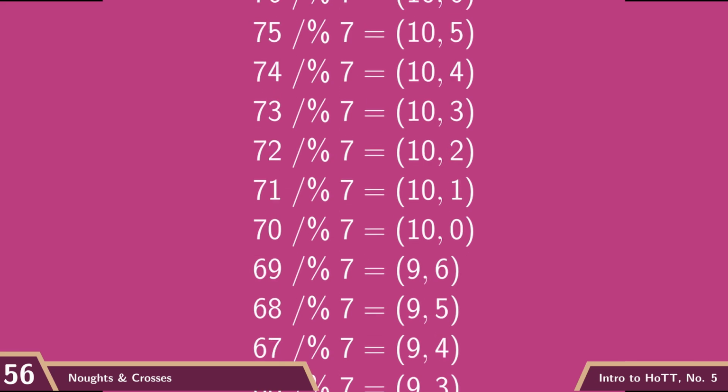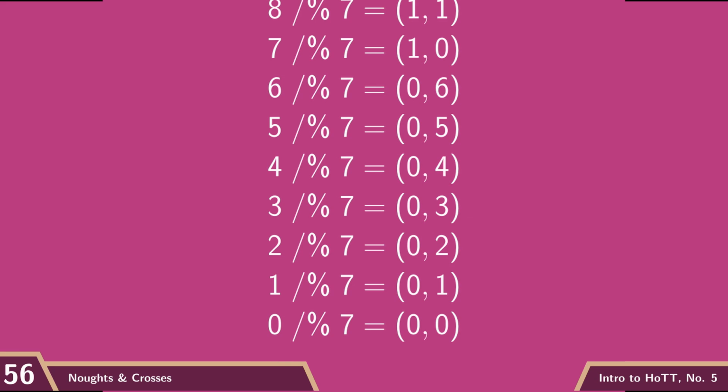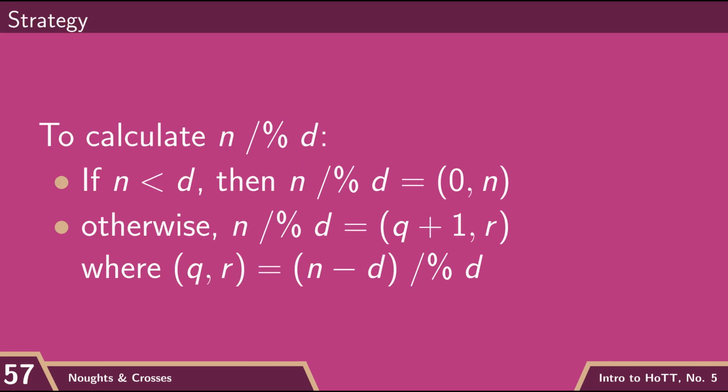If we go all the way to the bottom, then this ends at 0, 3. So this gives us a recursive strategy to calculate n integer divided by 7 for any n. I just jump down by 7 until I get low enough that I can just return 0 and the remainder, in this case 3.